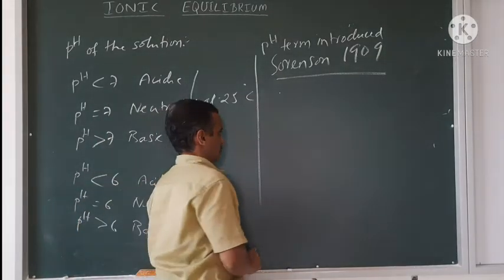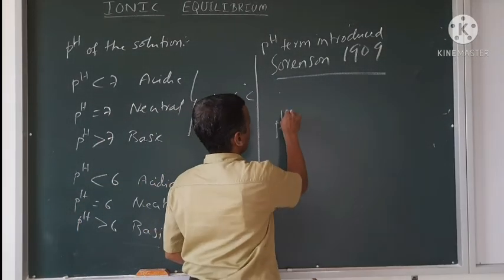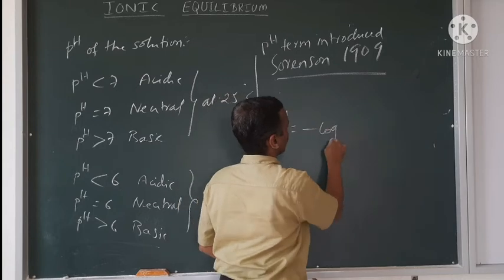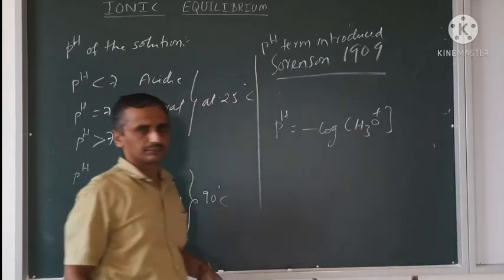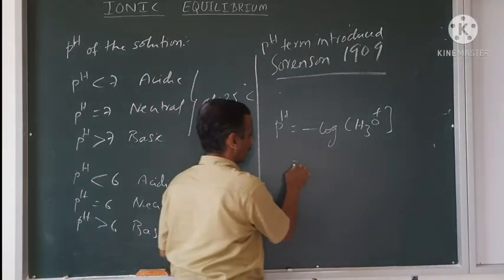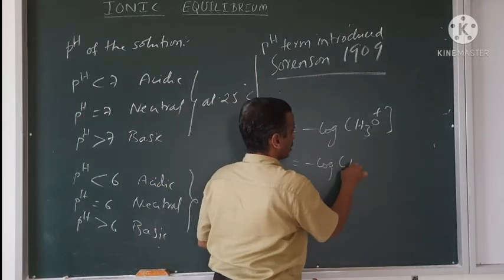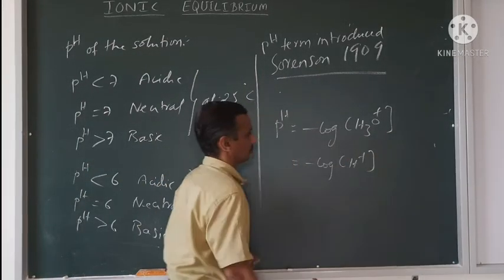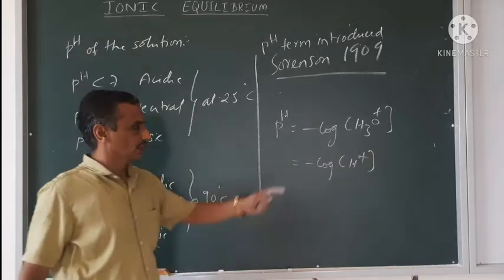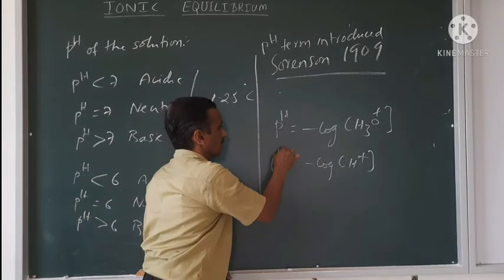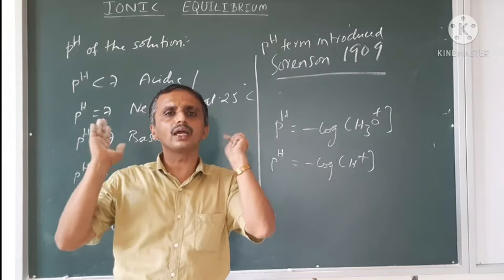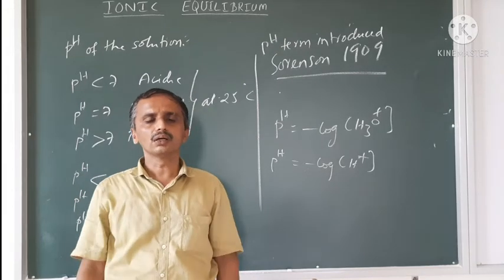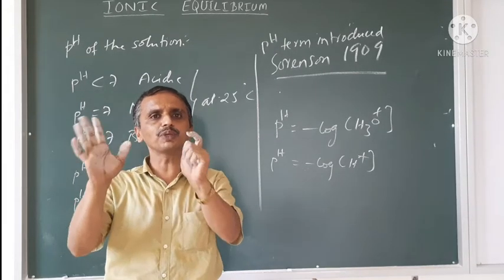What is pH? pH is the negative logarithm of hydronium ion concentration. Simply, I can write it as the negative logarithm of H plus ion concentration, negative logarithm of the hydronium ion concentration or negative logarithm of the H plus concentration.